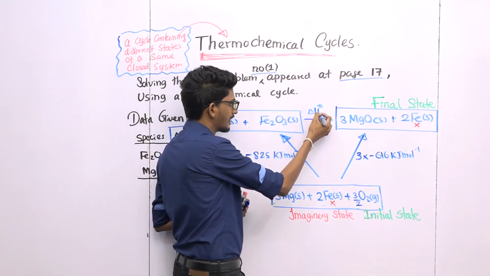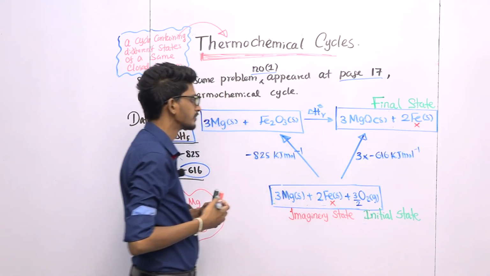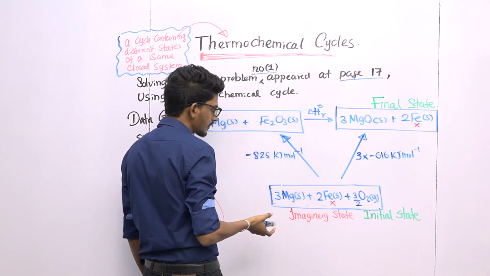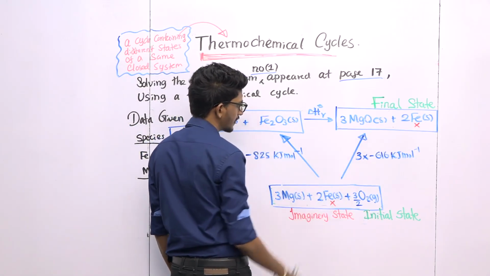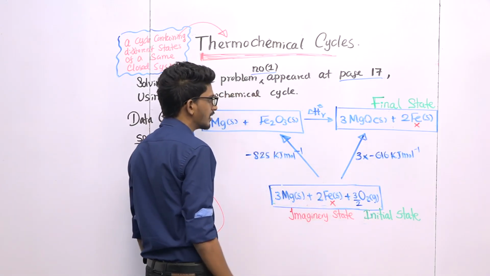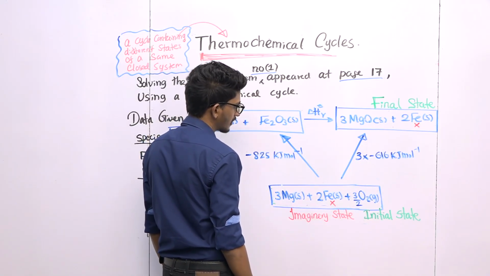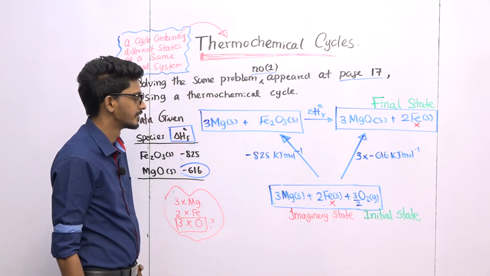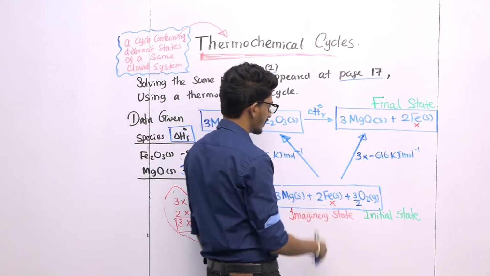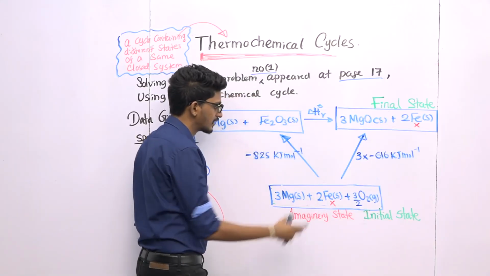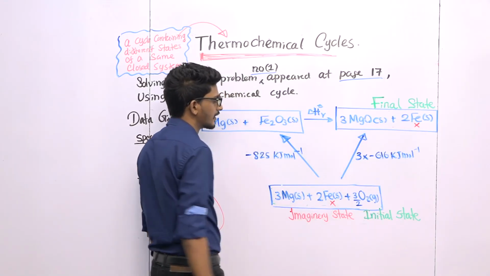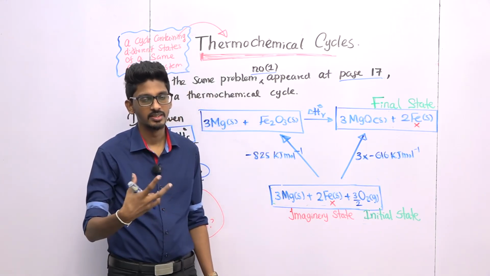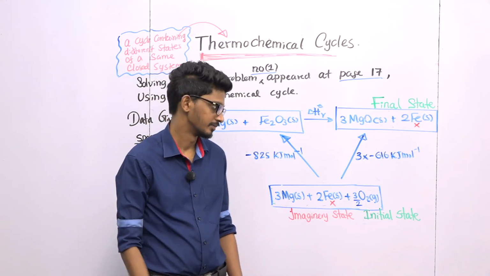As enthalpy is a state function, the magnitude of change going from here to here by this route will be equal to the magnitude of change by this route. You can use any path as long as the initial and final states are the same. The enthalpy change is the same. The change in the thermodynamic property is the same, right?